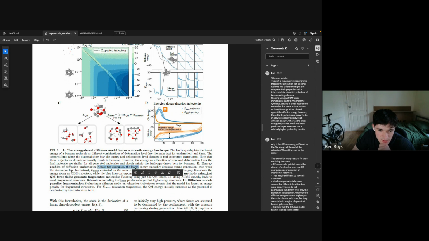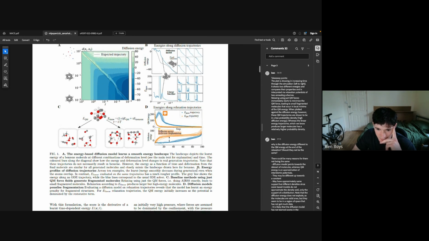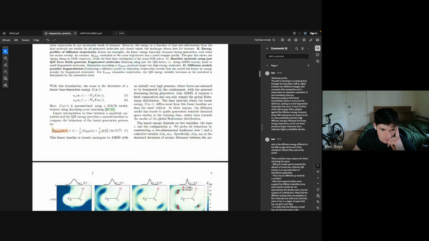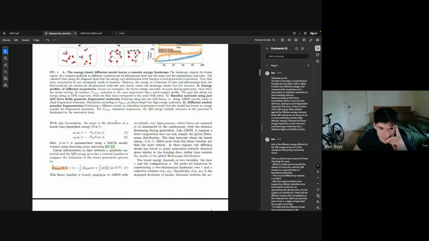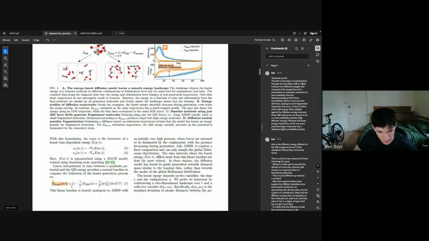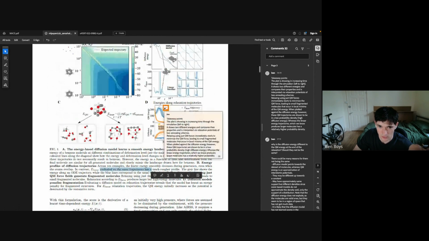Across 10 examples, the learned energy smoothly decreases during generation, even when the atoms overlap. In contrast, this baseline, the E linear, so it's not the diffusion, evaluated on the same trajectories, has a much rougher profile.